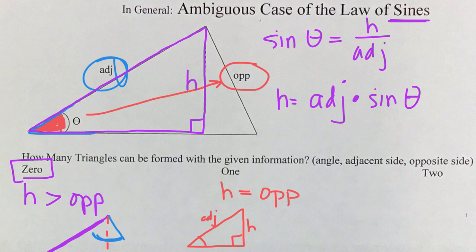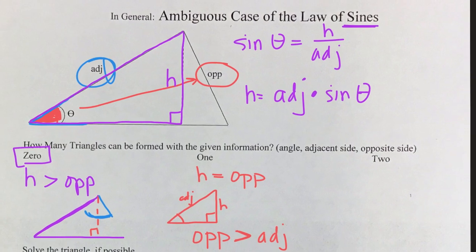Or if the opposite side is greater than the adjacent side, then you can only have one triangle formed. So this is simply looking at the information you're given and making a value statement. Which one is greater? Is the opposite side greater than the adjacent side or not?